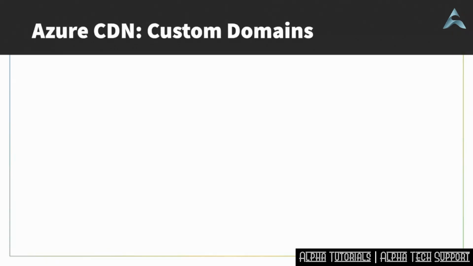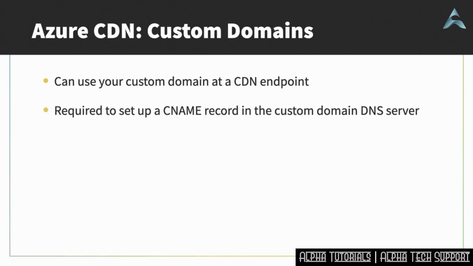Like I said, custom domains. We can use custom domains at our CDN endpoint. The only thing this requires to set up is having a CNAME that points to the CDN endpoint. And then, of course, you need to verify that you own the domain. So there's a verification process. And we can also configure the Azure CDN for HTTPS.